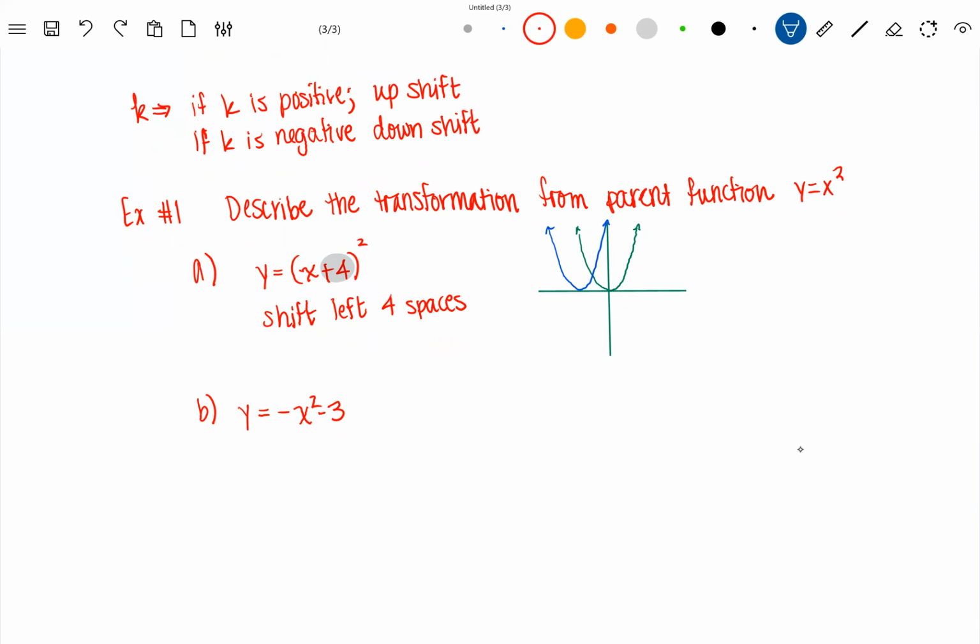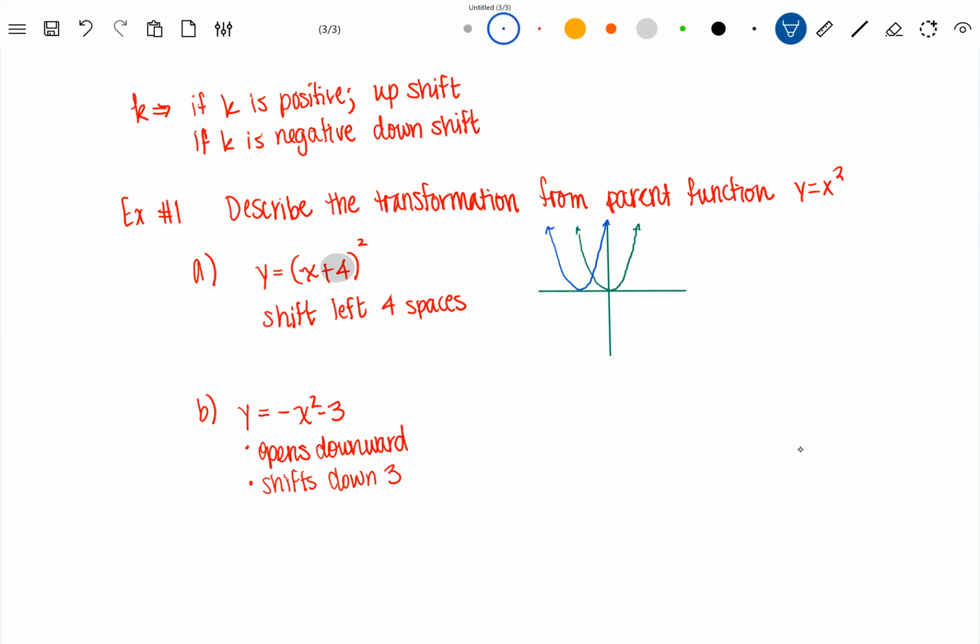The first thing is that negative sign, so this graph opens downward. And then we have this -3. Since that -3 is not in the parentheses, that represents the vertical shift, either up or down. Since it's -3, it shifts down 3.